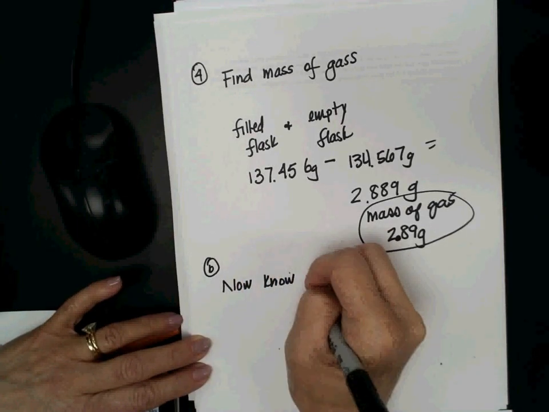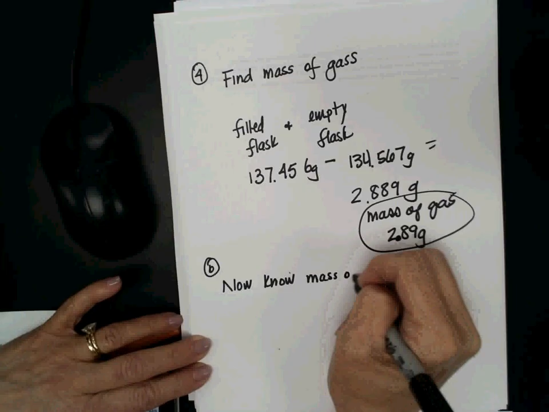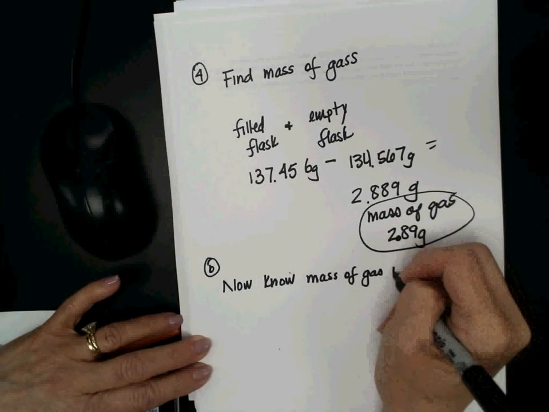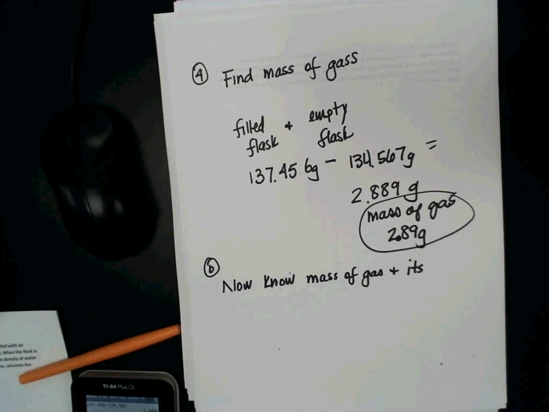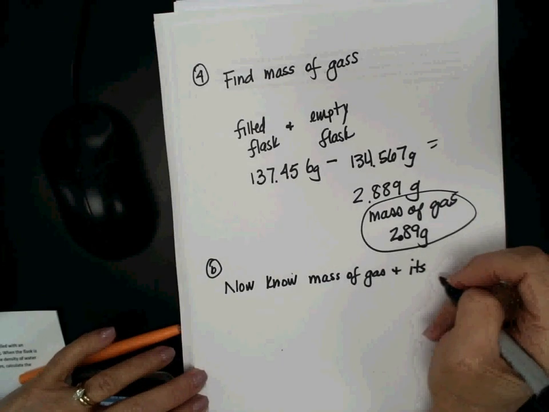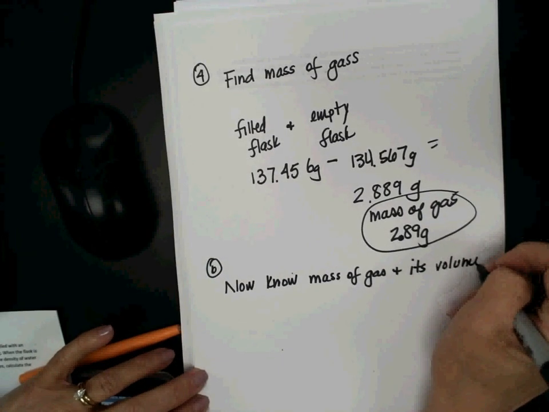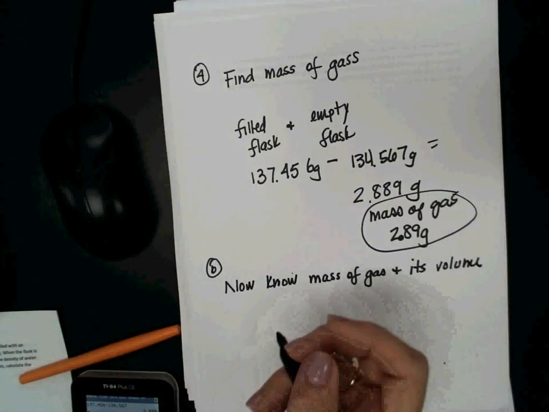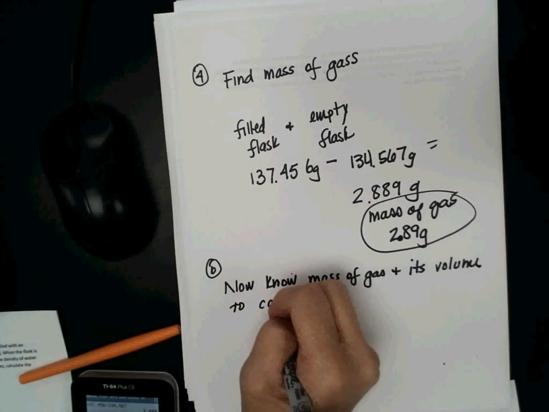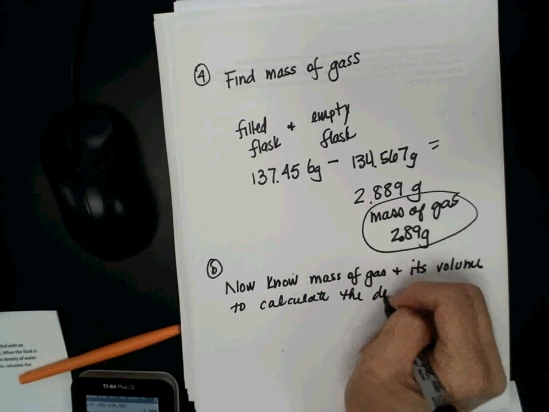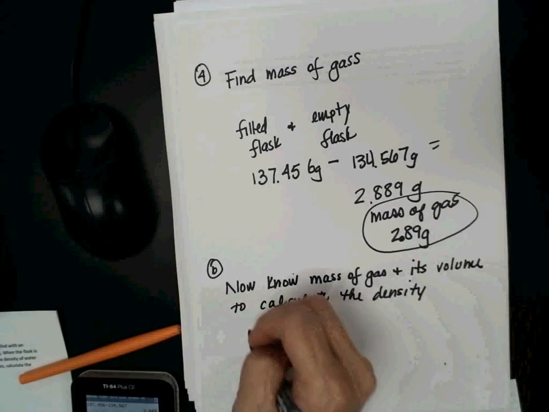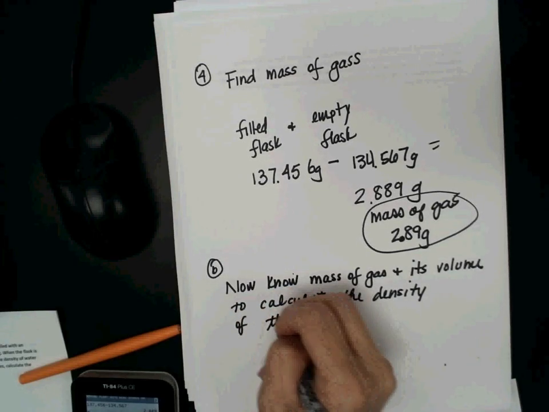So now we now know the mass of the gas and its volume, because we can use the volume of the container that the water was in, right? Does that make sense? Because the gas is going to fill the container. And we can calculate the density of the gas.